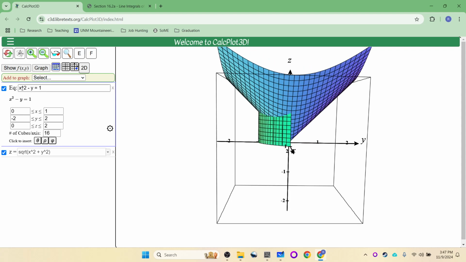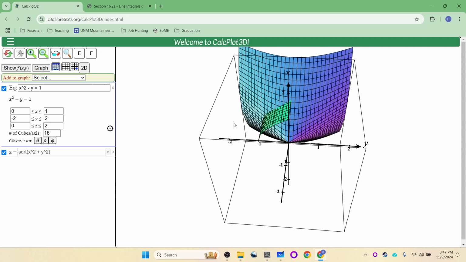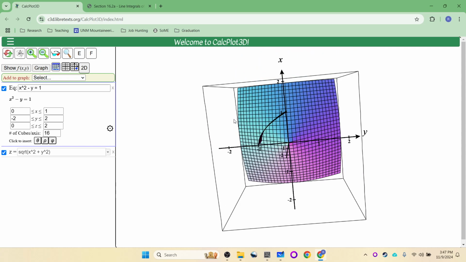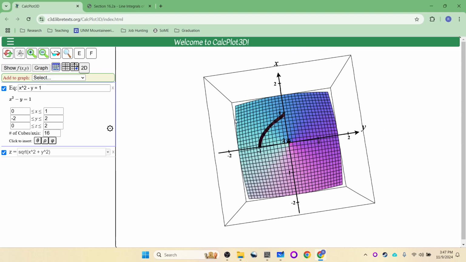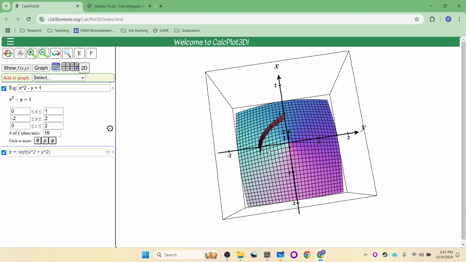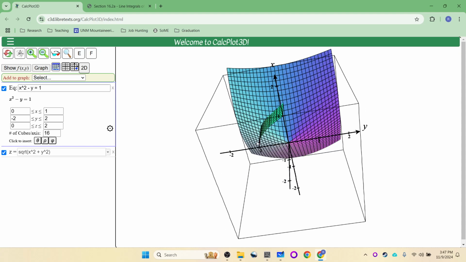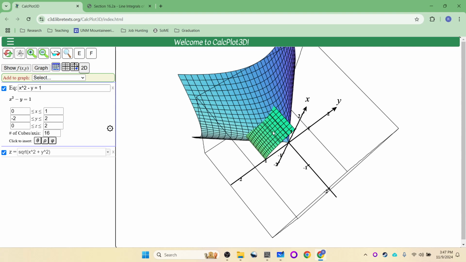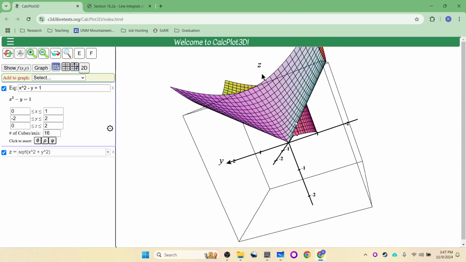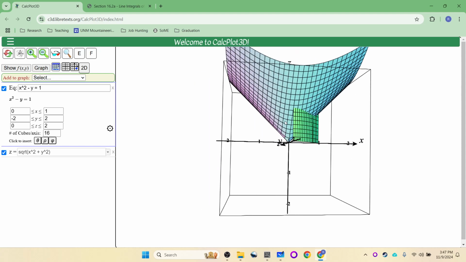If x is 1, then y is 0. There's x equals 0 here, and there's x equals 1 here. So along this, we'd get this shape, we'd flatten it out, unroll it, and we'd see what the area is. And that's what a line integral means.